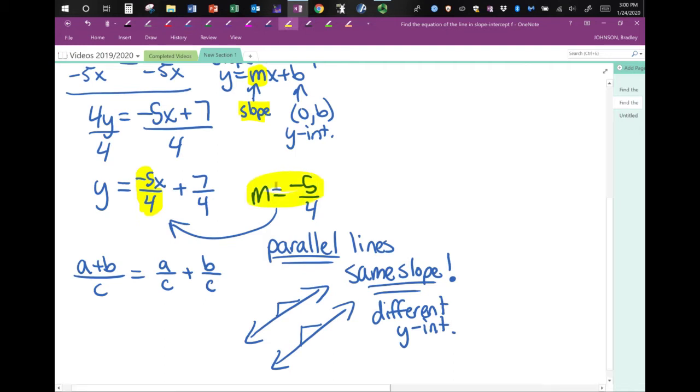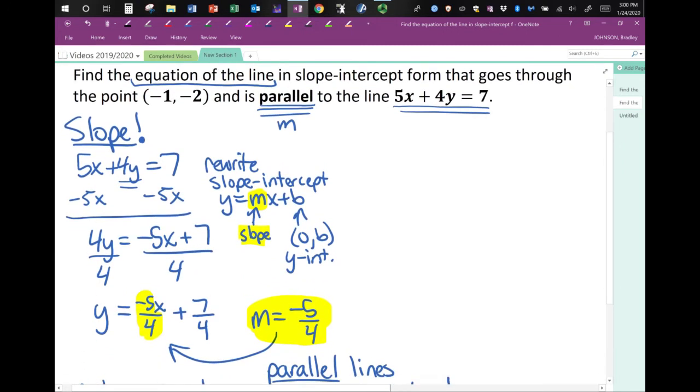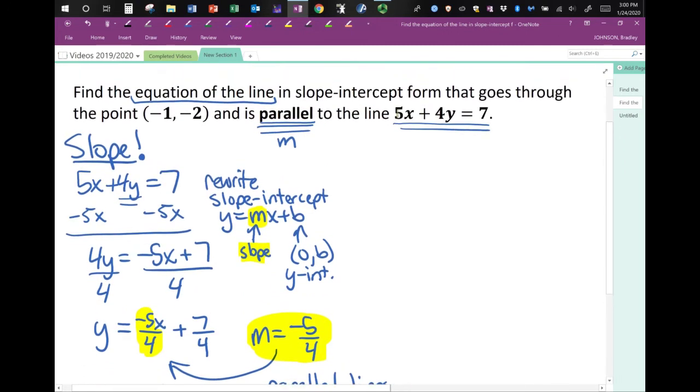So I am going to keep this same slope, -5/4, and we're going to have to find the different y-intercept for our new line. We know that the line 5x + 4y = 7 has a y-intercept (0, 7/4), but that will not be true in the new equation of the line that we will create.